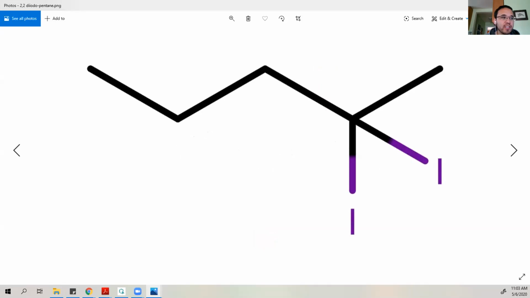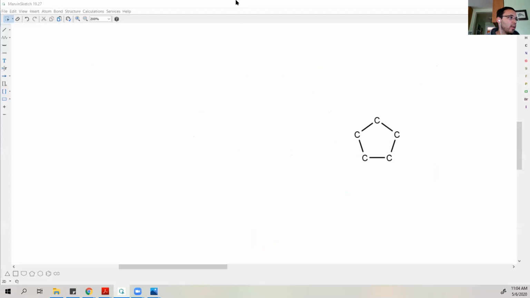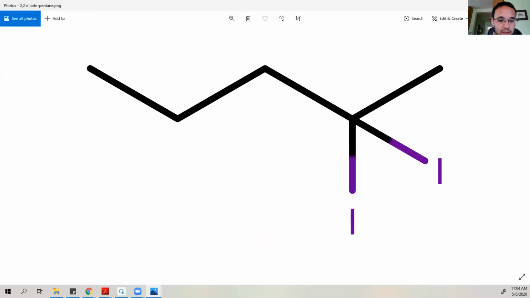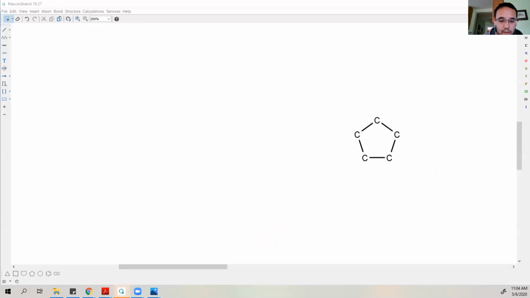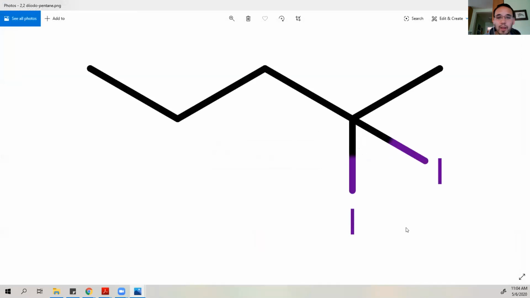Then let's do a very similar example. This is going to be with iodo. Let me pull this over here. Hold on one second. Sorry, that's not letting me do it. There we go. That's what the problem was. Can you guys see this new compound with the iodines? Okay.